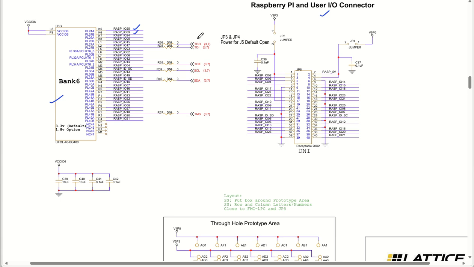And you can see we have programming lines as well, like TDO, TDI, TCK, and TMS, and we have I2C lines as well, like SCL and SDA. They are not used, and this Raspberry Pi connector is actually used here. This connector can give you an understanding of the interface with your Raspberry Pi board.